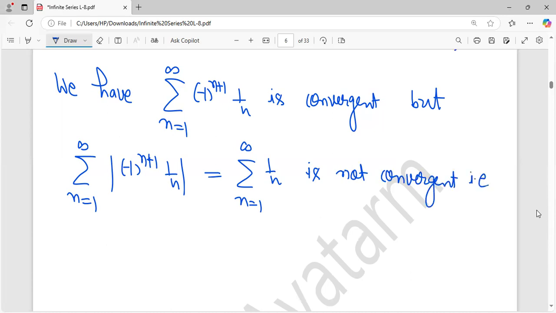It means divergent. So this implies the converse is not true.